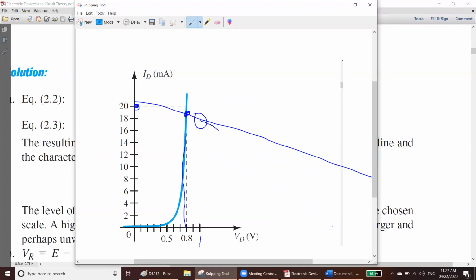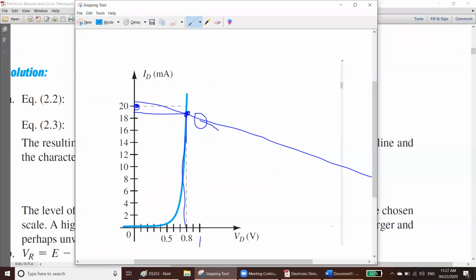So if you draw a line, now here it crosses at around 0.8. Here it crosses around 18.5 or 18.75 or 19. So that is your answer.